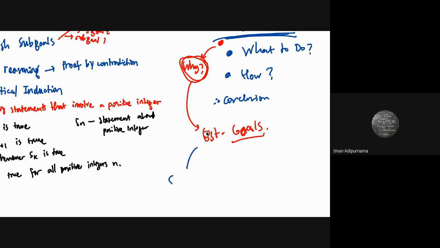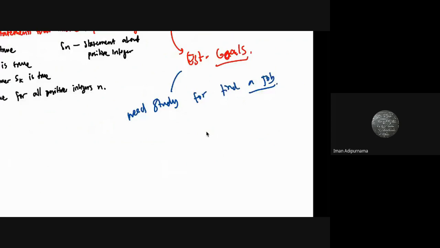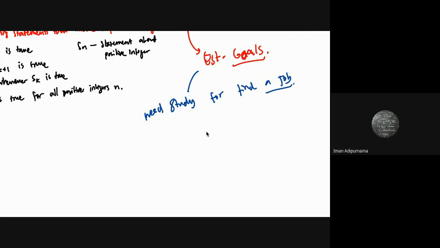So for example, why do you need to study? To find a job. This is just an example. Let's say it's to find a job, and that's the reason you want a bachelor degree.